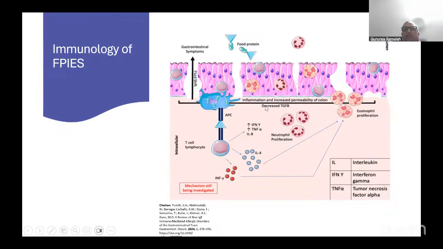There is decreased TGF beta and inflammation. There is increased permeability, there is fluid shift, there is a lot of dehydration here. FPIES is quite severe, and clinically they present with severe diarrhea, dehydration, and look very toxic. There is also eosinophil involvement because it produces IL-4.